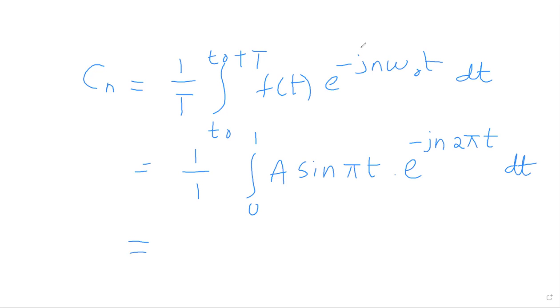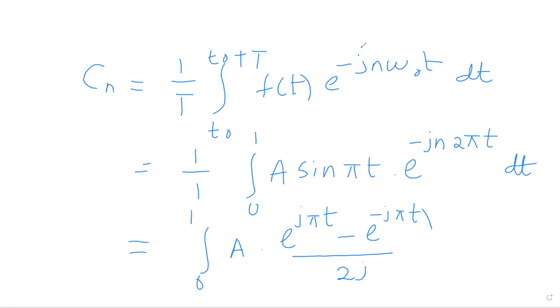Now we can use the formula for sine pi t in exponential form, which is given by e to the power j pi t minus e to the power minus j pi t upon 2j. This is the formula for sine pi t, multiplied with e to the power minus j n 2 pi t dt.